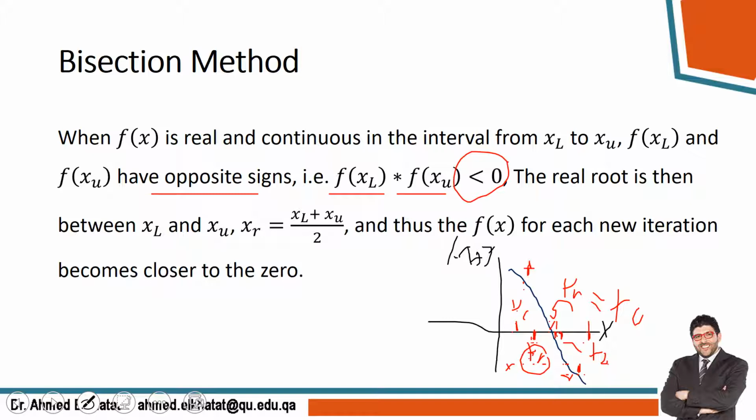So xr equals x lower plus x upper over 2, and then check the signs every time.